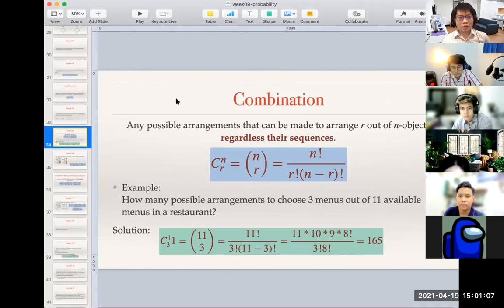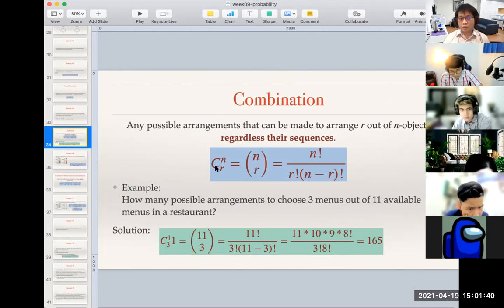Okay, so we go with the combinations here. For permutations, you are asked to create any possible arrangements with regard to the sequence or the order. What if you don't need to consider the sequence or order of such arrangements? This kind of problem is known as the combination problem.